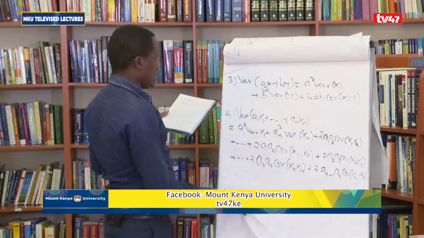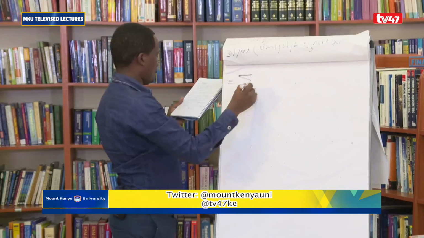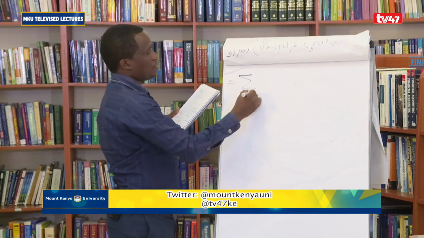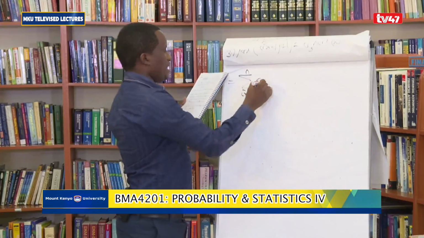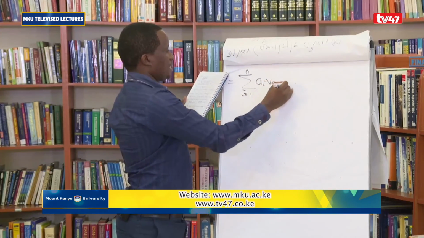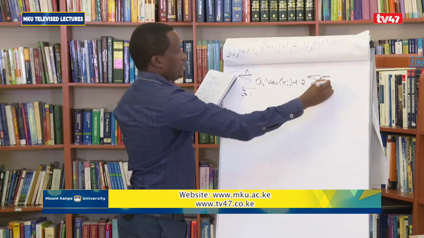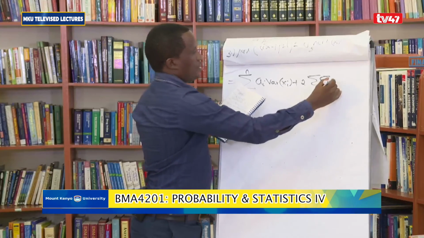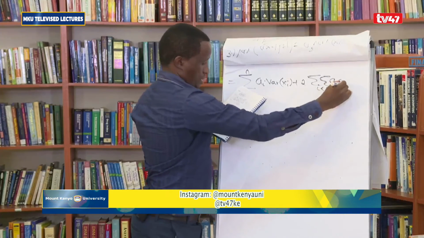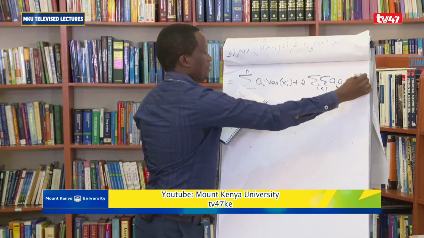And this can be expressed in summation symbol as summation i equals 1 to n of ai squared variance of xi plus twice the double summation for i less than j of ai aj covariance xi xj.